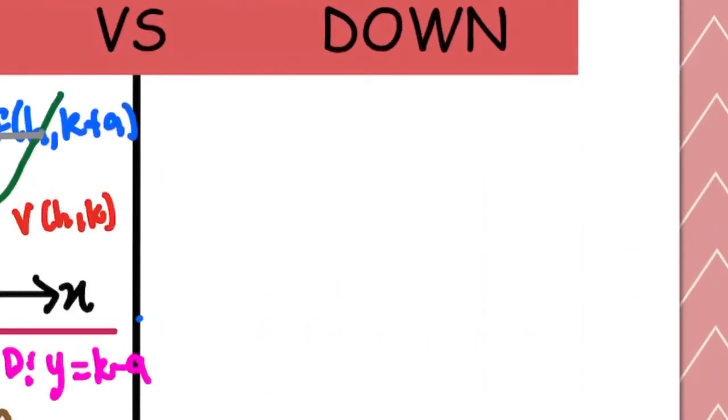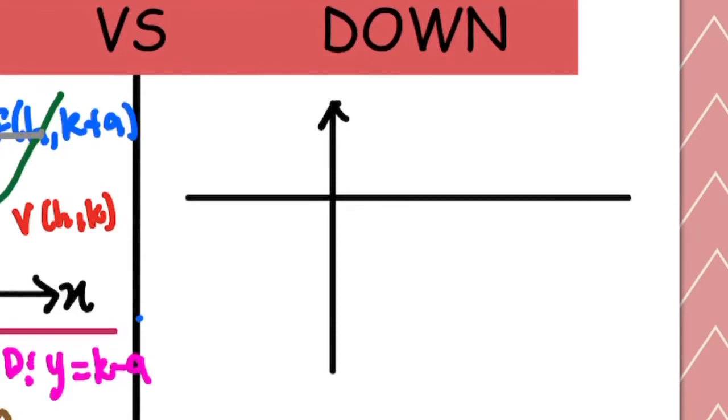Alright, now let's repeat the whole process, but now we want to draw the graph of opening down. As usual, first of all, let us draw your x and also your y axis. And then let us draw a graph of opening down.